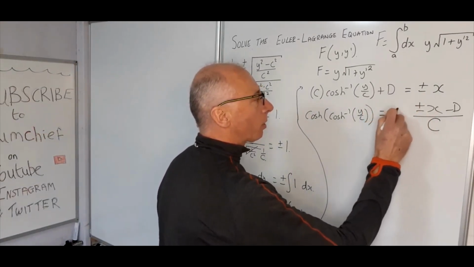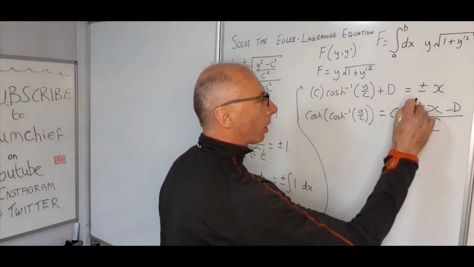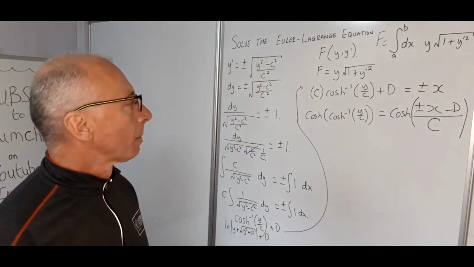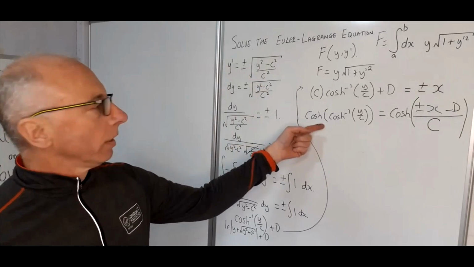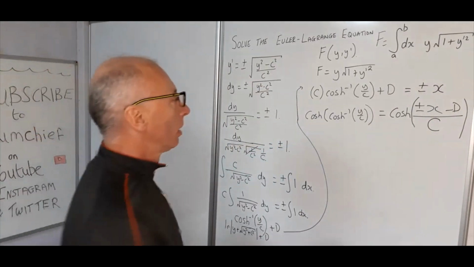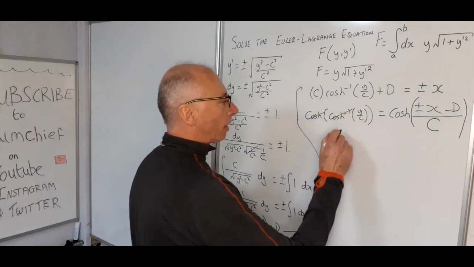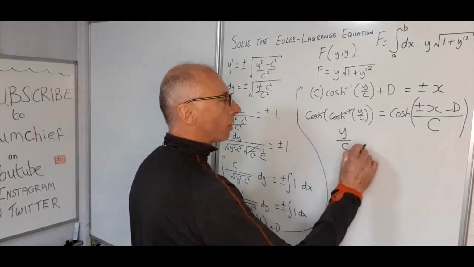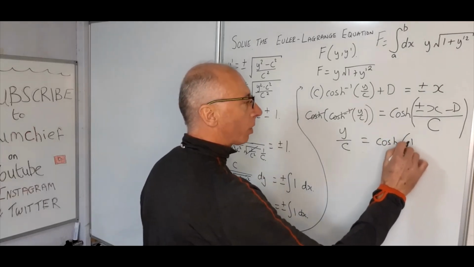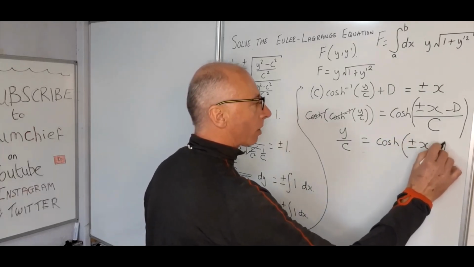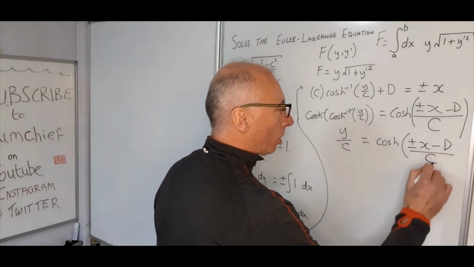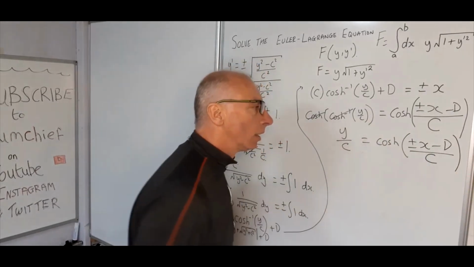Then I'll put the equals here, fit my cosh in there nicely, and that takes care of that. Okay, now I can deal with this. This is going to be one part of the final answer. So the coshes cancel out. I've got y over c equals cosh of plus or minus x minus constant multiple d, divided by the original constant multiple c.